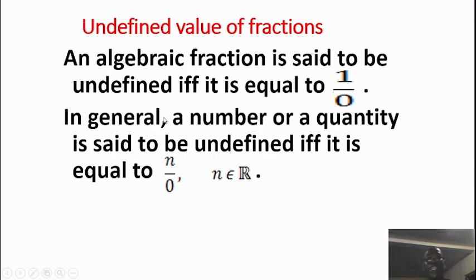In general, a number or a quantity is said to be undefined if and only if it is equal to n over 0, where n is a member of the set of real numbers. So any number can be at the numerator, but what matters is the nature of the denominator. A system is said to be undefined if the denominator of the resulting fraction is equal to 0.